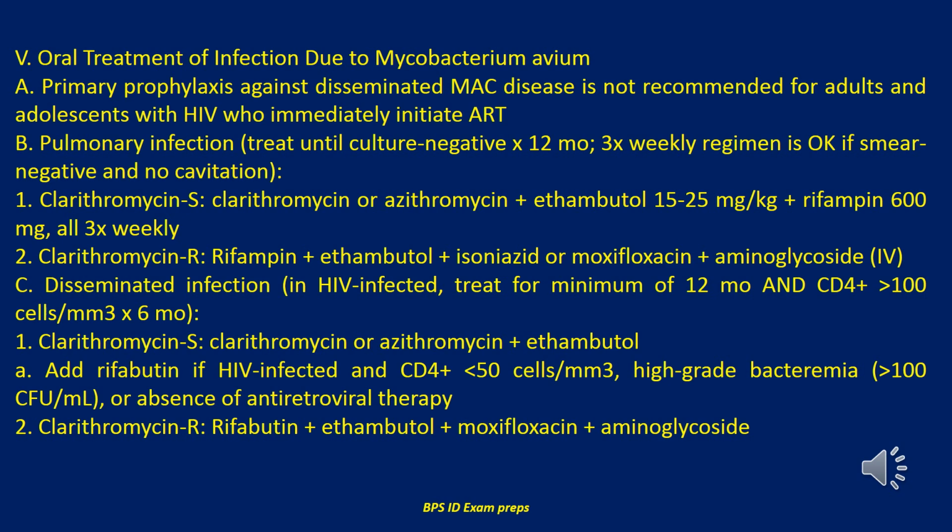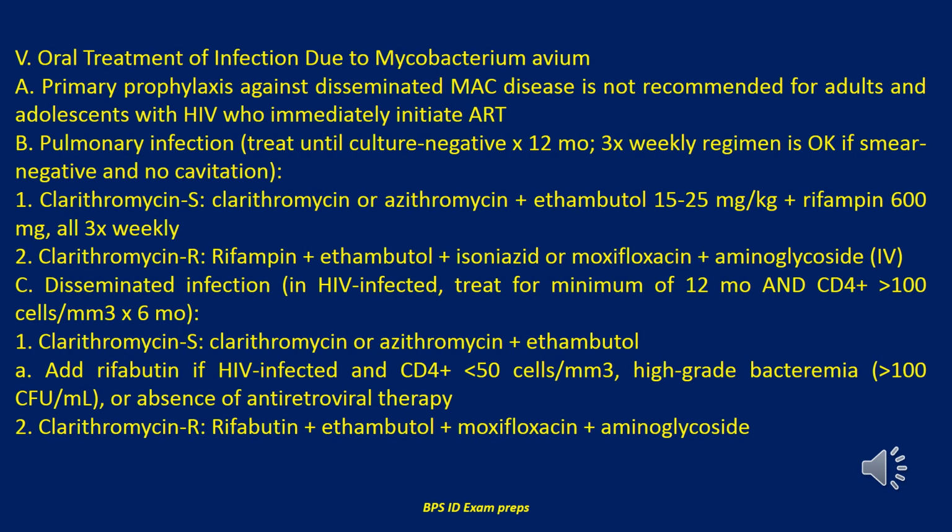Clarithromycin susceptible: clarithromycin or azithromycin plus ethambutol 15 to 25 mg per kilogram plus rifampin 600 mg, all thrice weekly. 2. Clarithromycin resistant: rifampin plus ethambutol plus isoniazid or moxifloxacin, plus IV aminoglycoside.